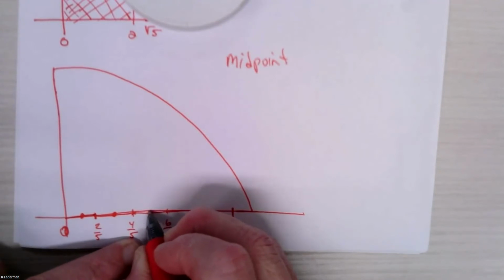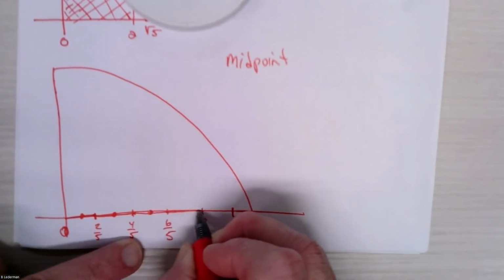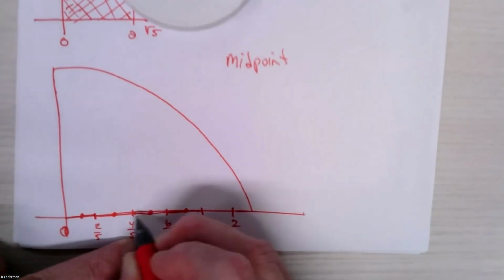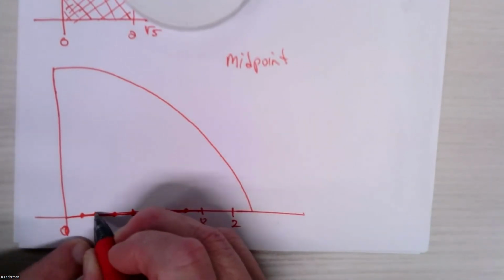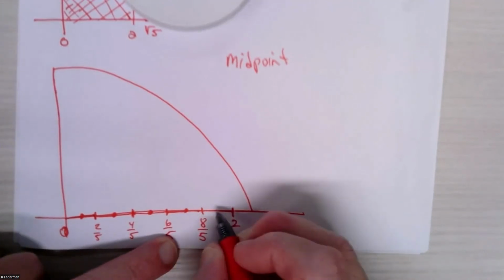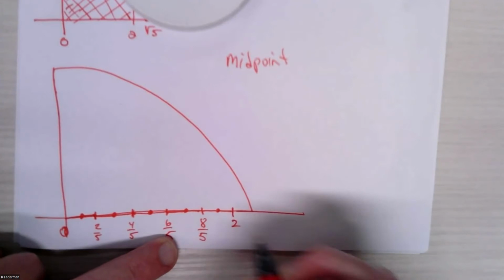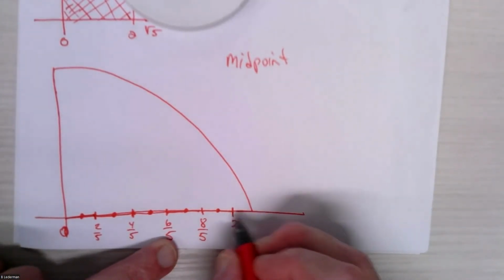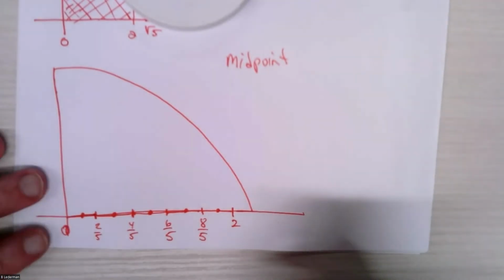That's the midpoint of the third interval. Here's the fourth interval, and that's its midpoint. Here's the fifth interval, and that's the midpoint of the fifth. This part over here doesn't count. We're only going up to the 2, not beyond it.